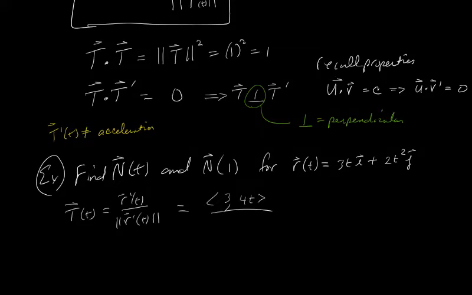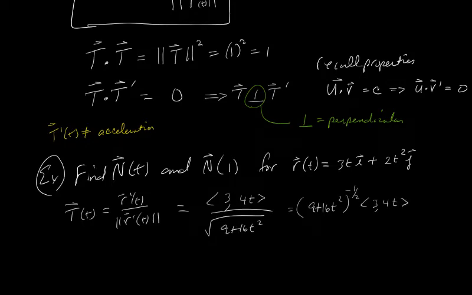And the magnitude of that is the square root of 9 plus 16t squared if we square both components and add them together. All right, so that is our tangent vector. I'm going to rewrite this just a little bit as (9 plus 16t squared) to the negative 1/2 times the vector <3, 4t>, and I'll tell you why I chose to do that.